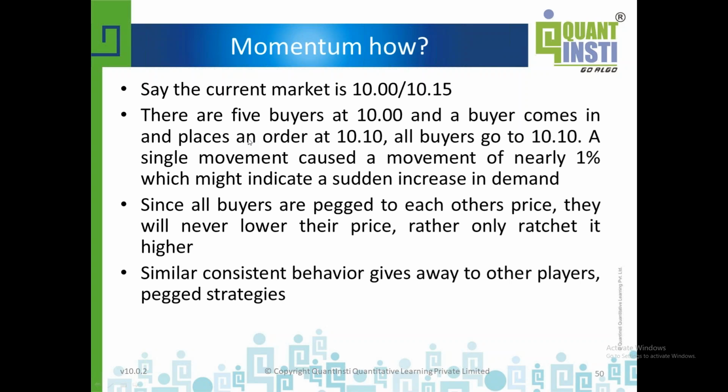A single movement caused a movement of nearly 1%, which might indicate a sudden increase in demand. And if all the buyers are pegged to each other's prices, they will never lower their price, and it will create a momentum, a spiral effect, and the price might move up.